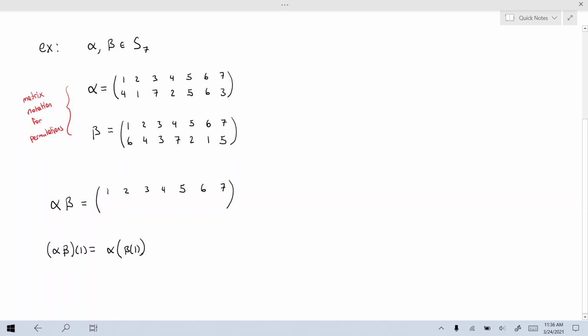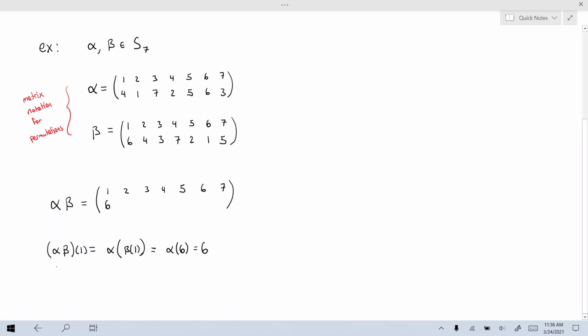So first, beta of 1 equals 6. So this is the same as alpha of 6, okay? So then we go up to here and we see that alpha of 6 is equal to 6. So hence, alpha beta of 1 we see is equal to 6, okay?